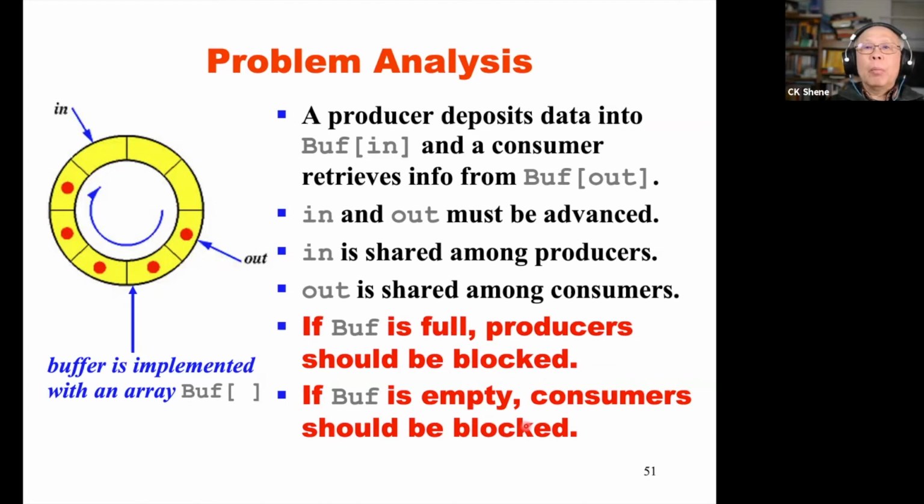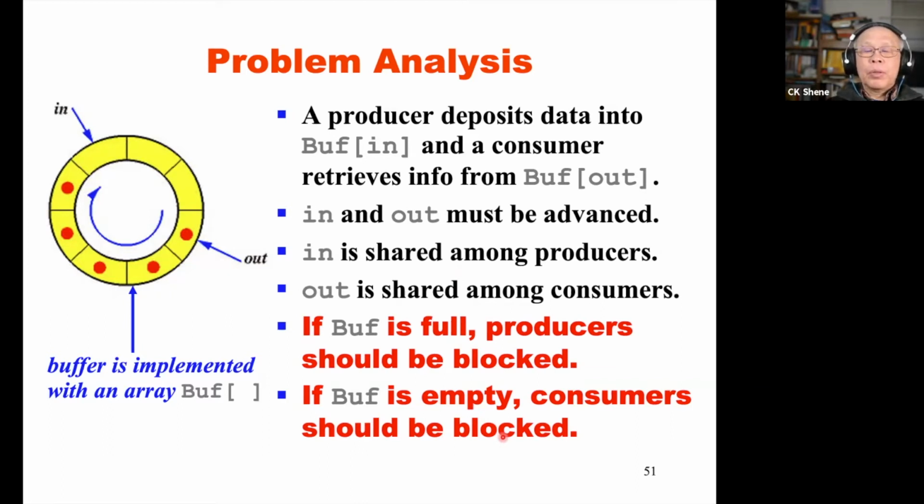So the complexity of this problem is not about how we are going to protect in and how we are going to protect out. It is the communication between the producers and the consumers. So let me reiterate.